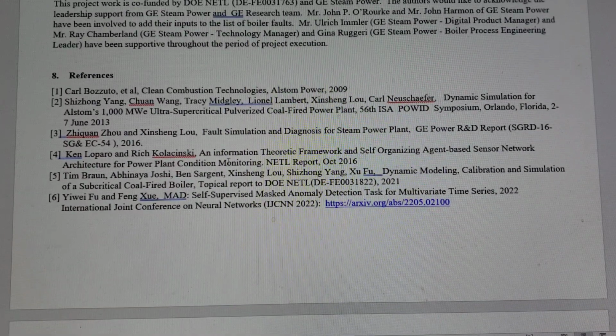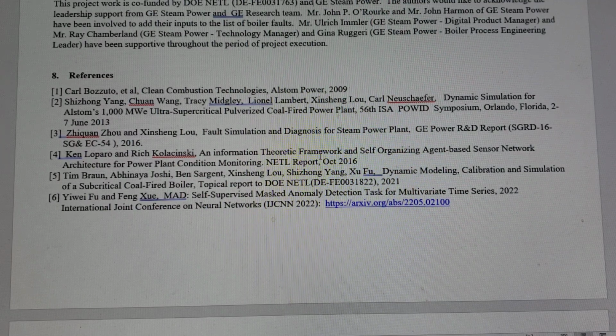Previously, my advisor Ken Loparo and another faculty, a former faculty at Case Western Reserve, did similar work, but using a self-organized agent-based sensor network for fault detection and diagnosis. That was 2016.